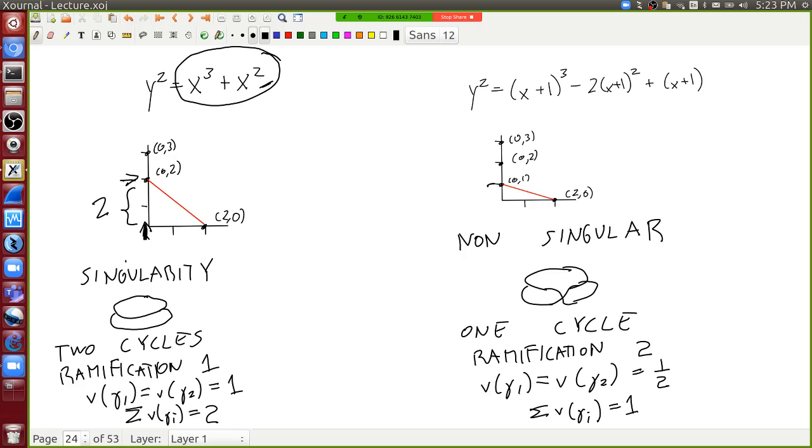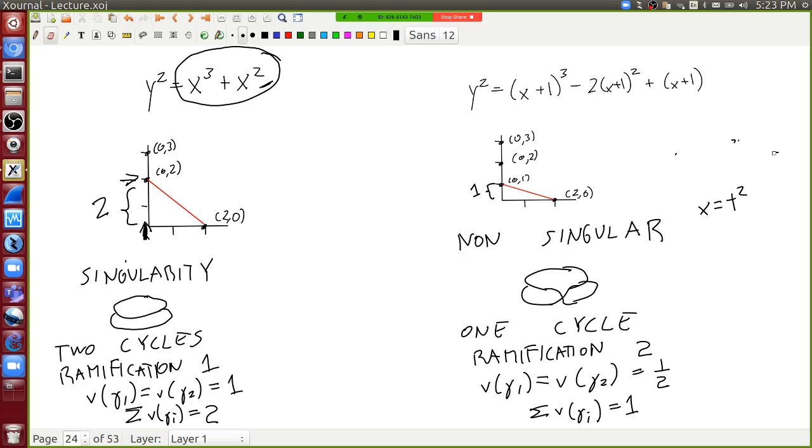Here on this one, the height here is 1. Why? Because we have a cycle with ramification 2, so this is a fractional power. Our power series is going to look something like this. We're going to have this t. Actually, this would be x, but we're going to have fractional. x is going to be something like t squared, and then we're going to do a power expansion in t.